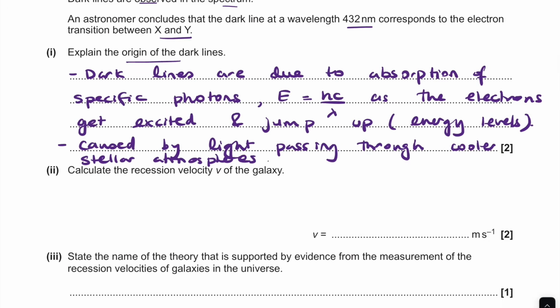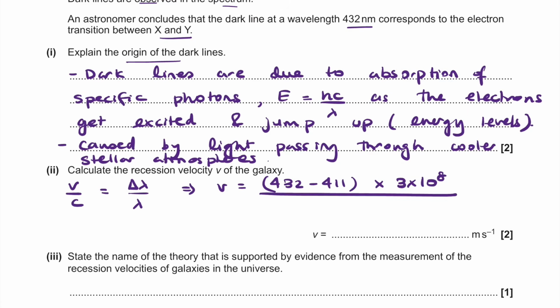Calculate the recession velocity v of the galaxy. v over c is equal to the change in wavelength over the original wavelength. Therefore, v is equal to the change in wavelength, which is 432 minus 411, times the speed of light divided by the original wavelength of 411.